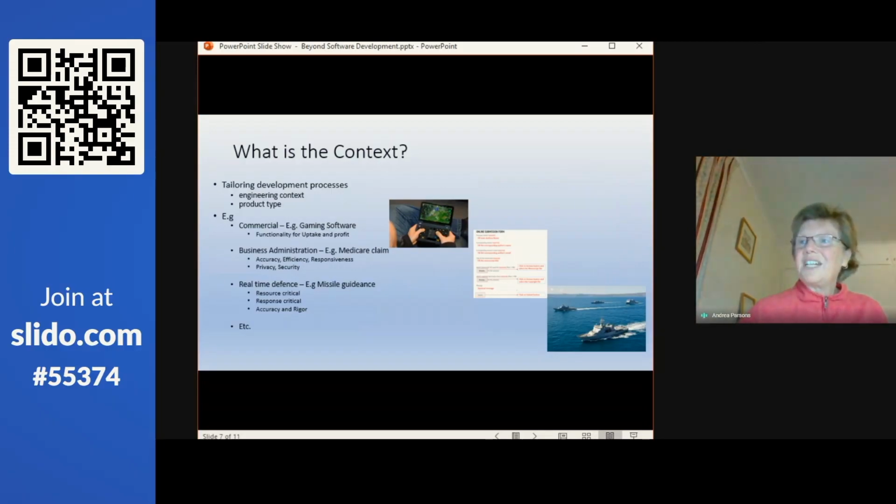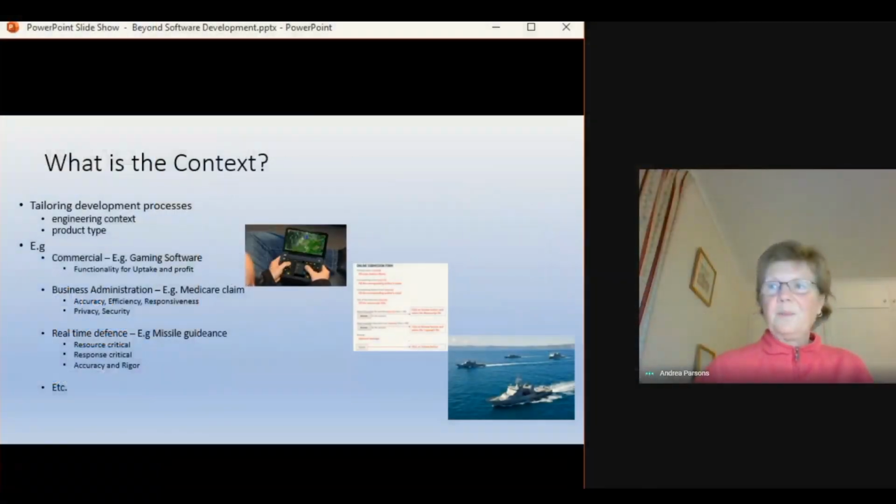But there's another consideration there, I think, and that is for the different contexts that you might be working in, you've got to decide whether the ethics and the morals around those contexts are things that you want to work with, that it's the area that you want to work with. So there is no point in going into a real-time defence type environment and being assigned to a project that's doing software for missile guidance if you really don't want to work in that sort of environment, if it's against your beliefs or whatever.